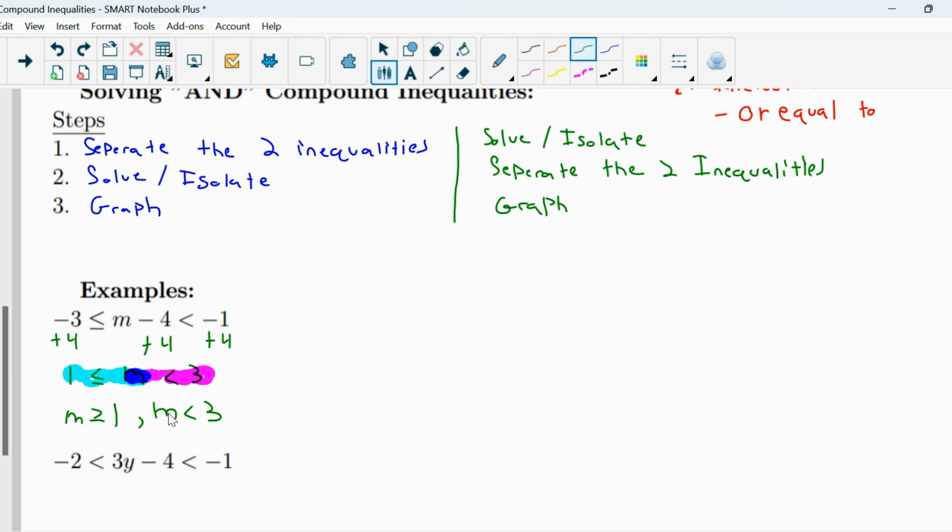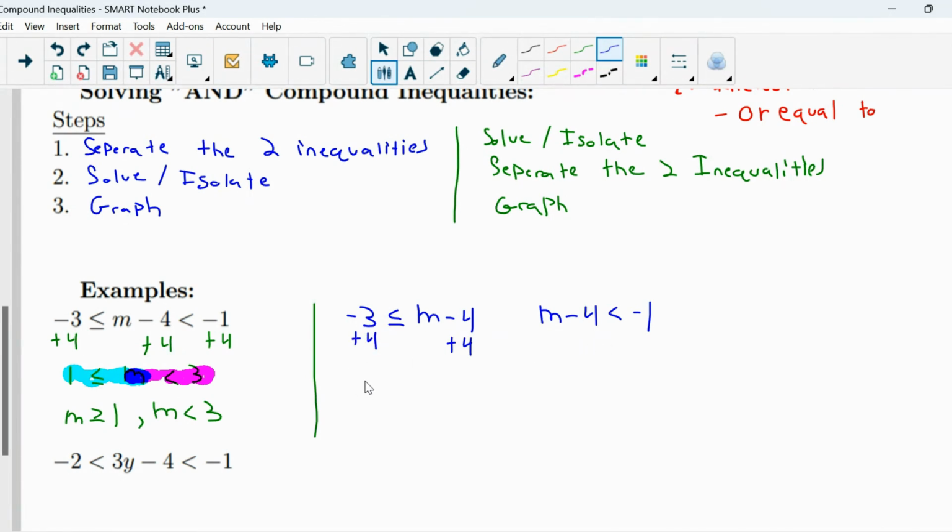Okay? In our second way of solving these, we will go ahead and separate the two inequalities first. So we have our left side of this, which would be -3 is less than or equal to m minus 4, and then take the right side of our compound inequality. m minus 4 is less than -1. Okay, now go ahead and solve each of these separately. Add 4 to both sides.